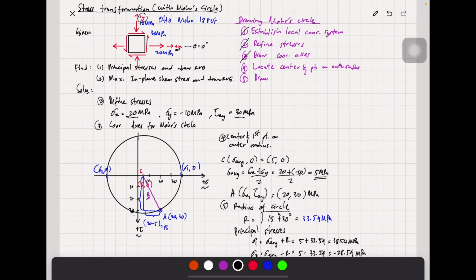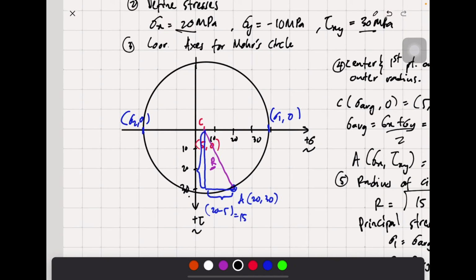What else should we mention here? Again, have a look at your Mohr circle right here. This is sigma average, the center point.